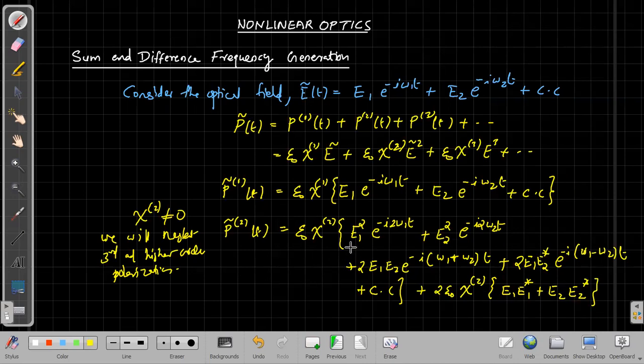So we are getting many terms here. Now this contains oscillation at 2 omega 1 frequency, 2 omega 2 frequency, omega 1 plus omega 2 frequency, and omega 1 minus omega 2 frequency. And plus there is one non-oscillating term. So this P2 of t we can better expand in some other way.